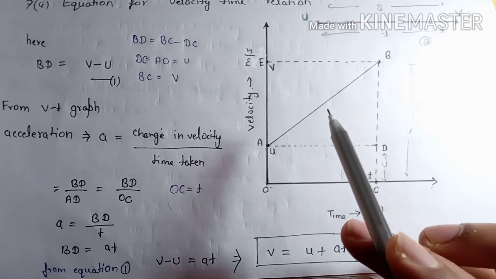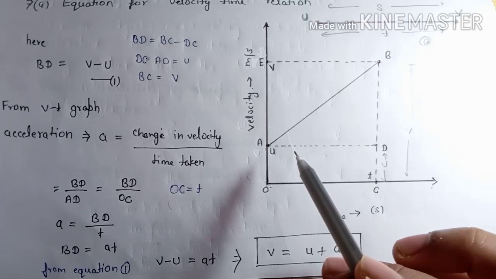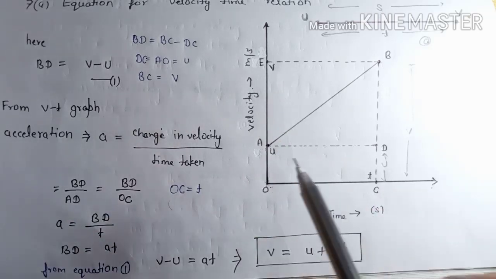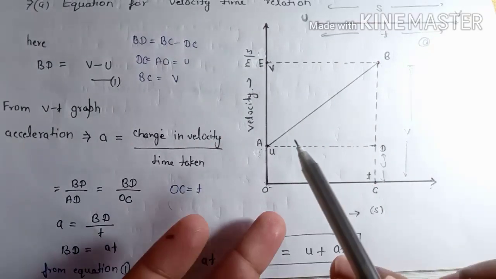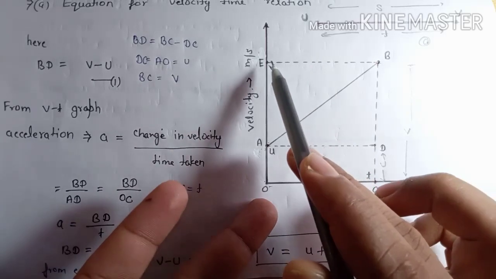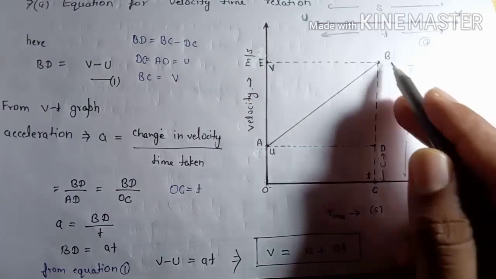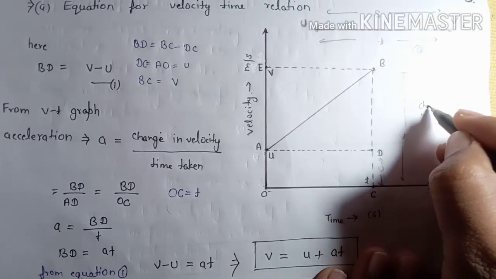The same thing is here. If you attain velocity from u meter per second to v meter per second in time t, then the change in velocity is obtained by subtracting u from v, and that is called BD. Change in velocity is BD.